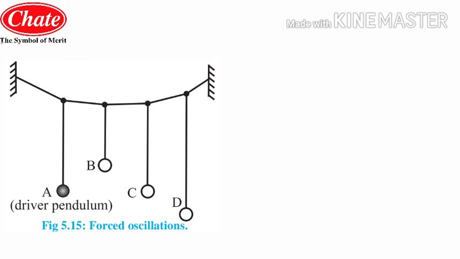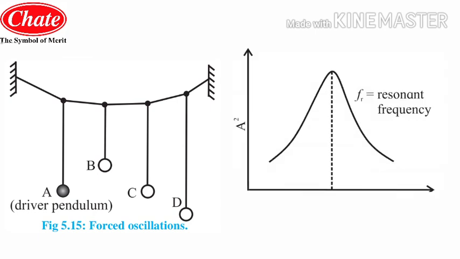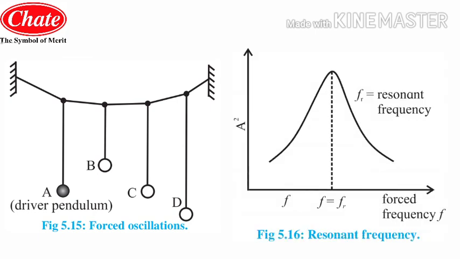Now we will see resonance. Students, as you can see from the observation, pendulum C has absorbed the maximum energy from the source pendulum A, while the other 2 pendula absorb very little energy. So we can say that C has the same natural frequency as the source pendulum A, which is why it absorbs the maximum energy, and this is nothing but resonance, students.